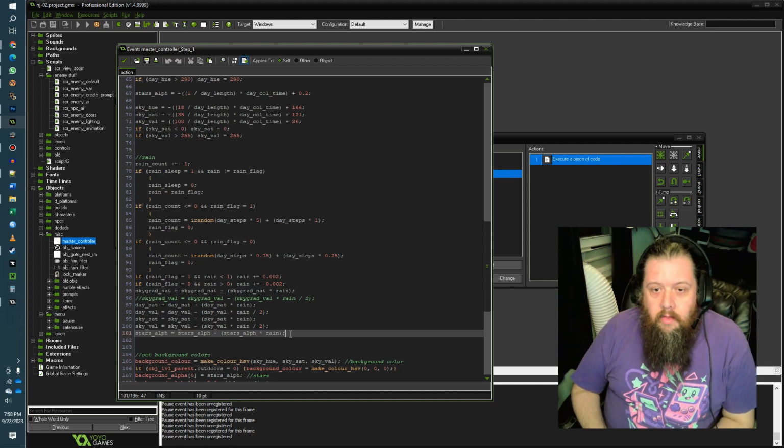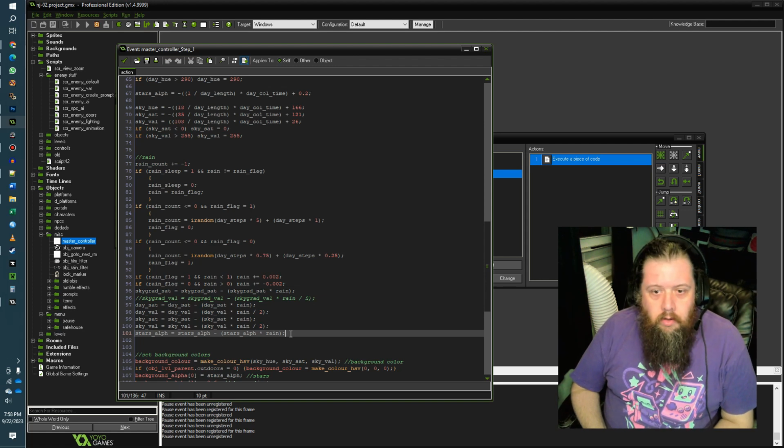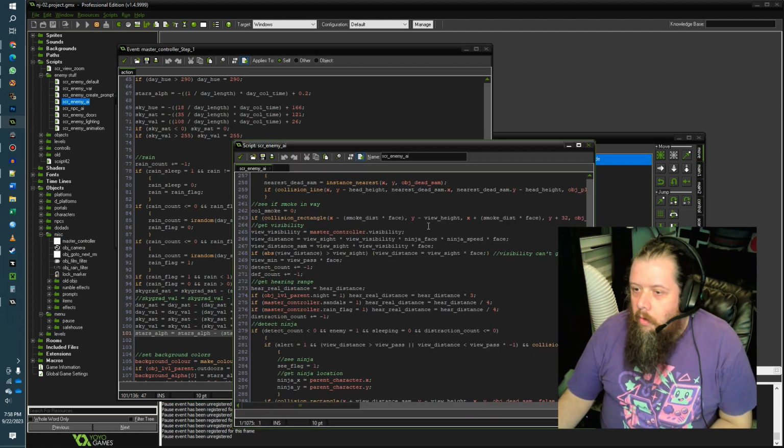So let's talk about the mechanical effects real quick. What rain will do is reduce the visibility of guards and reduce the hearing range of guards.